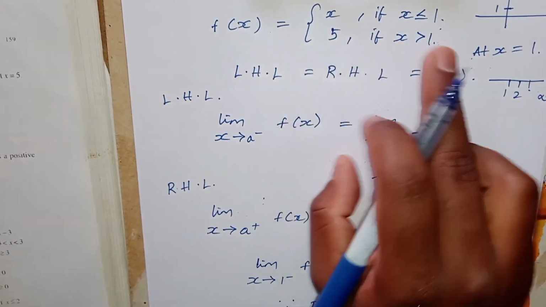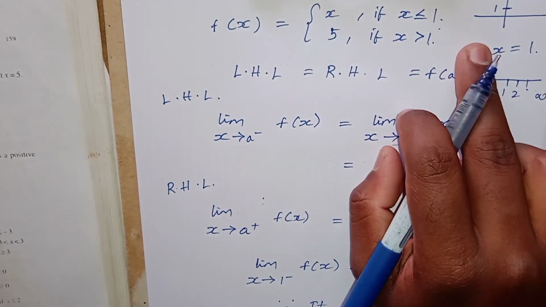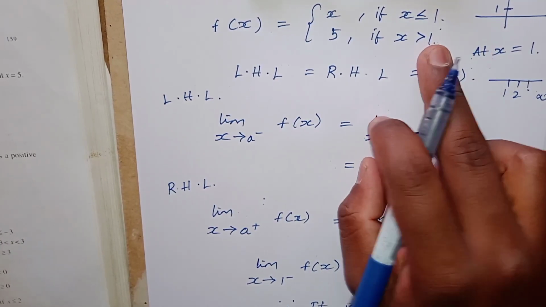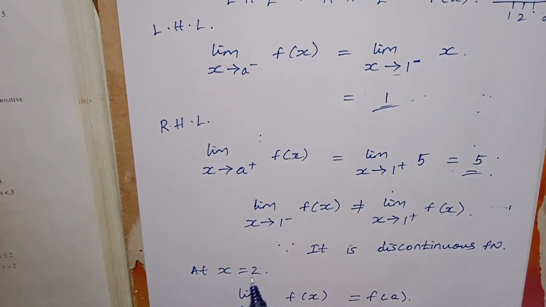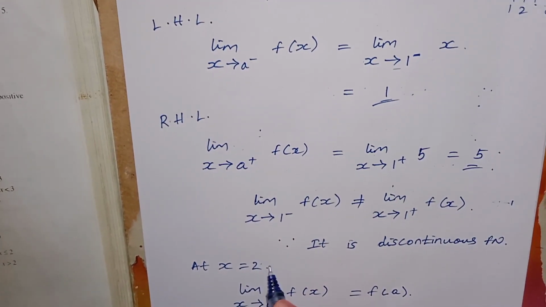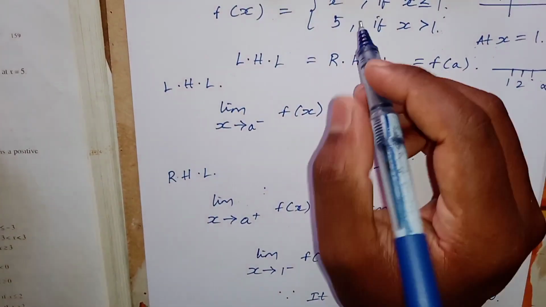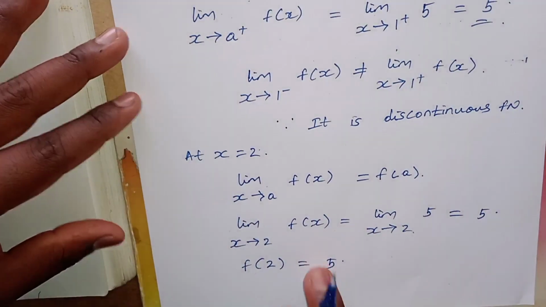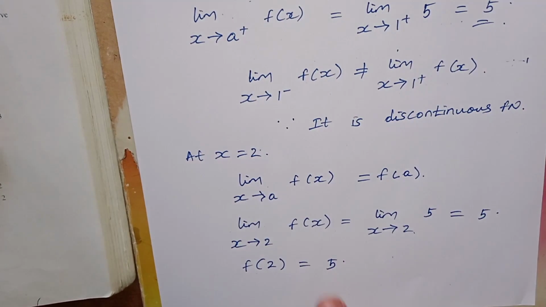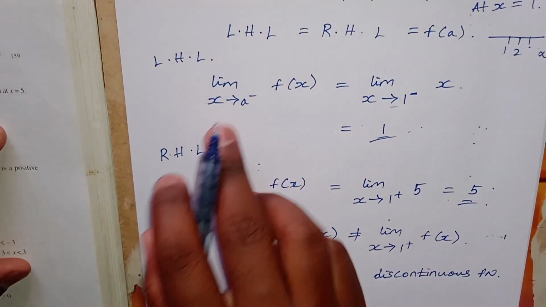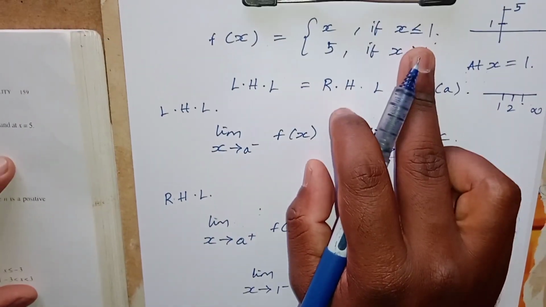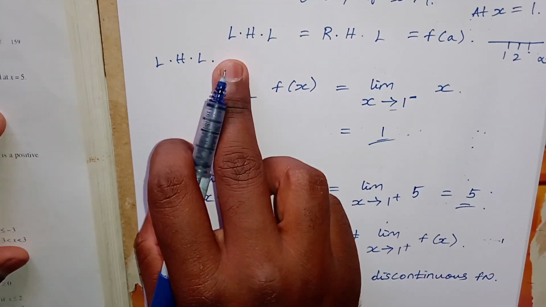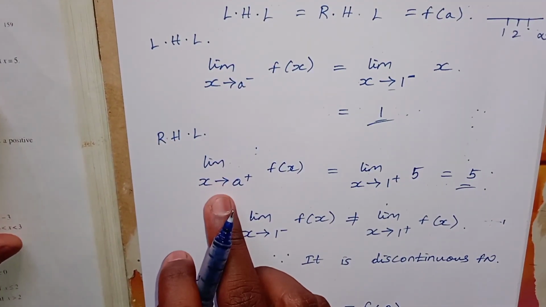If I take the right hand limit, 2 plus means 2.1, 2.3, you will get the same 5. So that is why I am not taking the left hand limit and right hand limit here. But at the point x equal to 1, it is very important: you have to check the left hand limit and right hand limit.